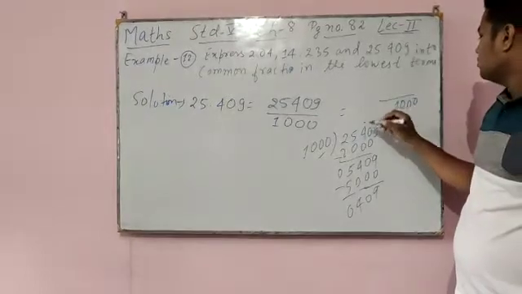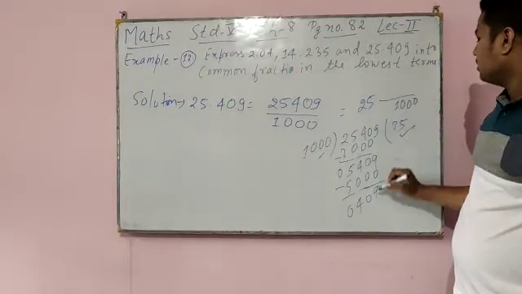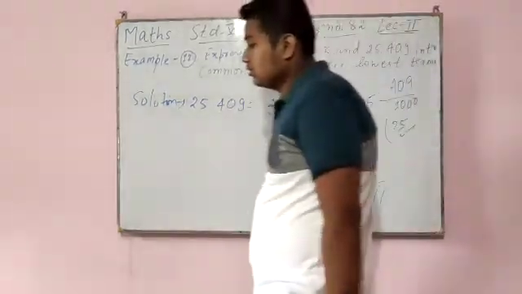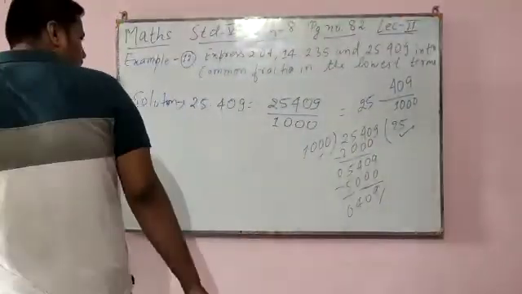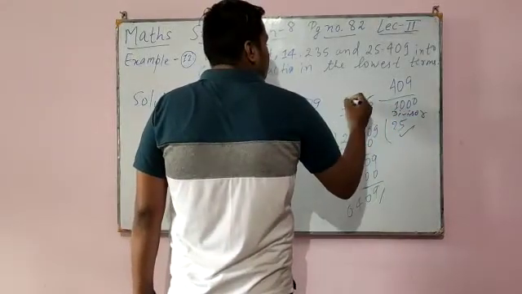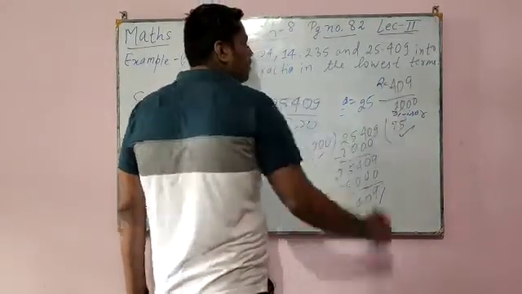Quotient 25, so this quotient you will write here and this remainder we will write here. Divisor, here quotient and here remainder.